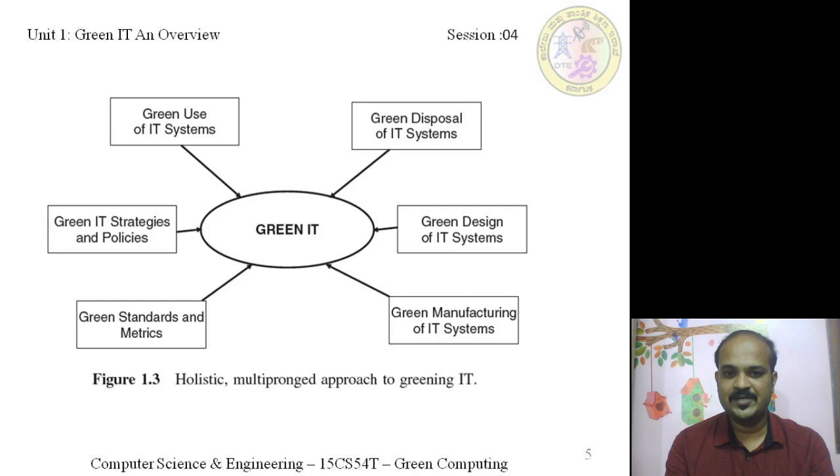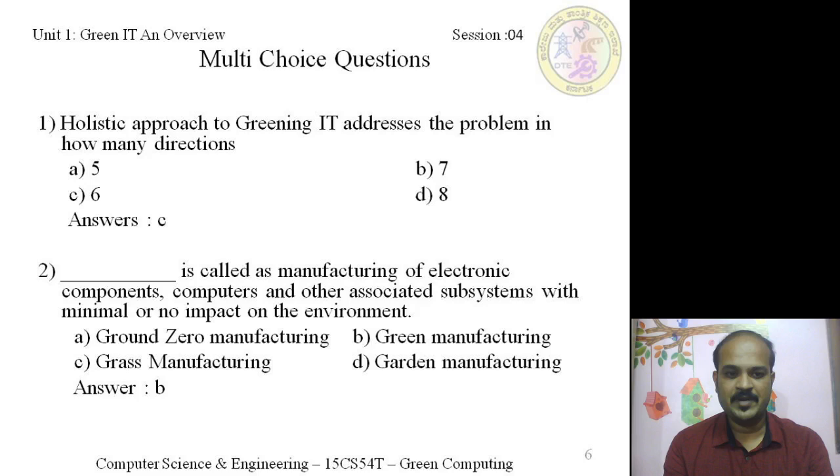Okay. So second question, dash is called as manufacturing of electronic components, computers and other associated subsystems with minimal or no impact on the environment. Okay, so the answers are ground zero manufacturing, green manufacturing, grass manufacturing and garden manufacturing.